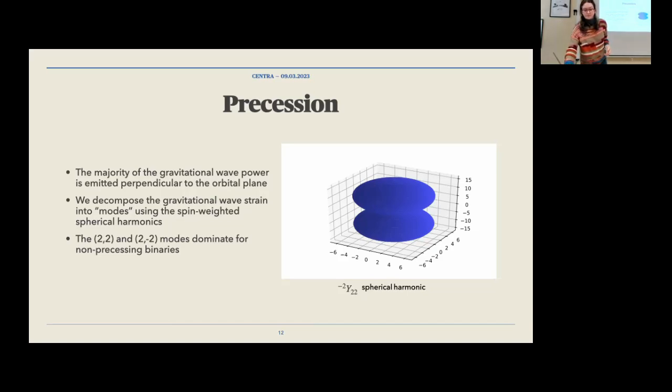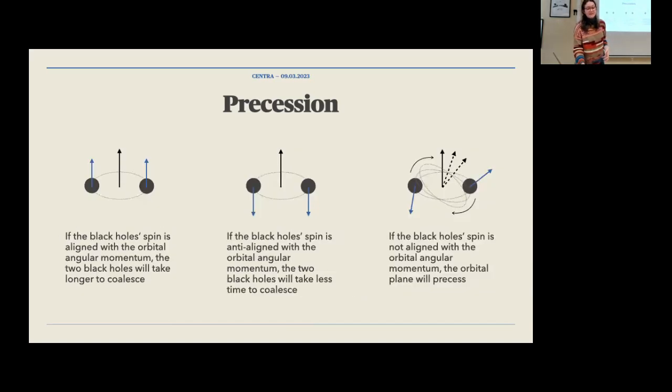frame. For a precessing system, instead, we now have spins on the black holes that are not aligned with the orbital angular momentum. Spins that are aligned with the orbital angular momentum produce something called the hang-up effect. In the case where they are positively aligned, the total angular momentum of the system is greater, so it will take longer to be radiated away, and the binary will take longer to coalesce.